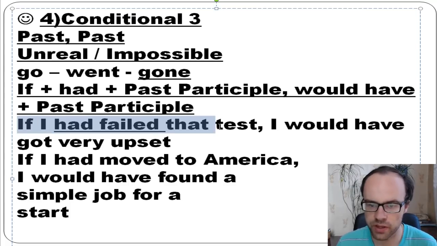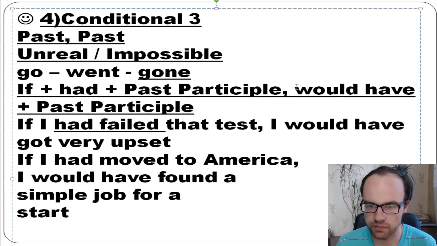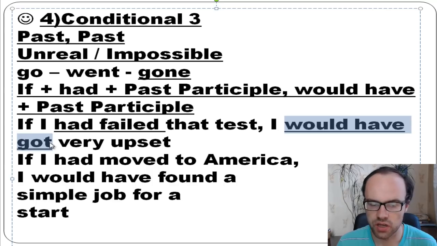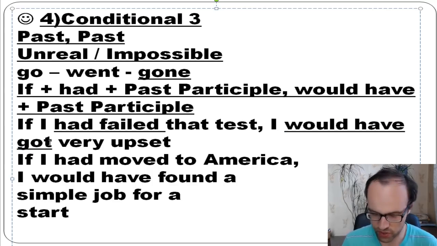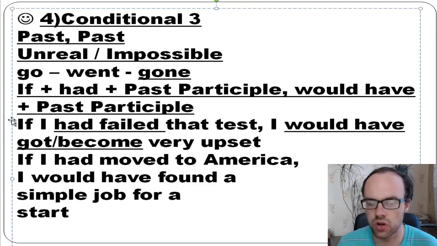So if I had failed that test, I would have got very upset, okay? Would have plus past participle, so would have got, get, got. You can say, we say get upset or become upset, so become, became, become. So you can also say I would have become very upset.